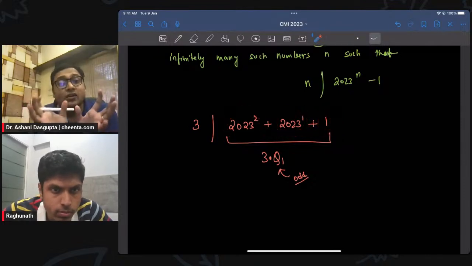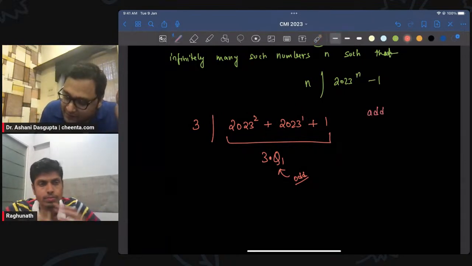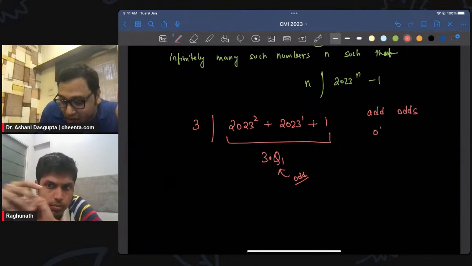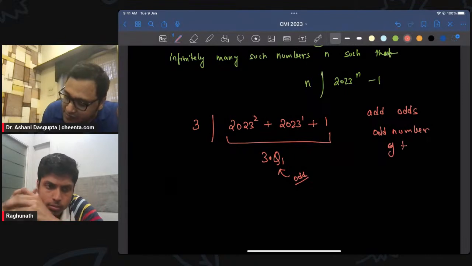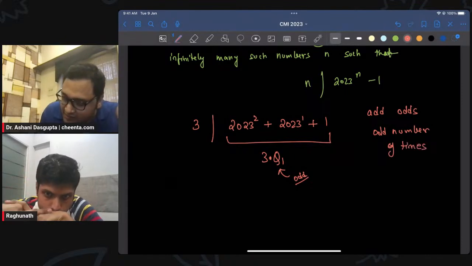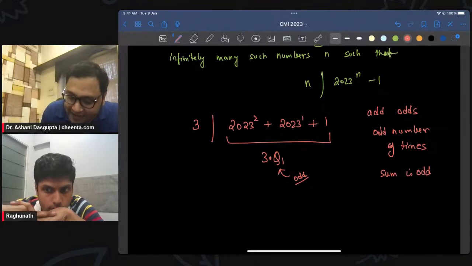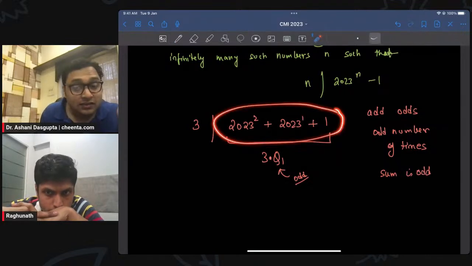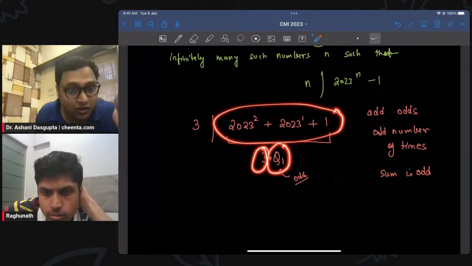So if you add an odd number of odd numbers, then the sum is odd. So this entire thing is odd. It's divisible by 3 and the other factor must also be odd.